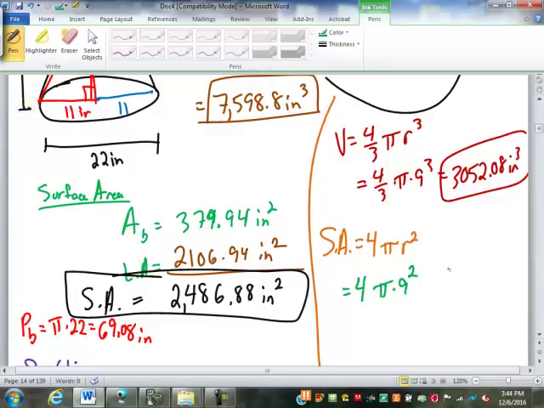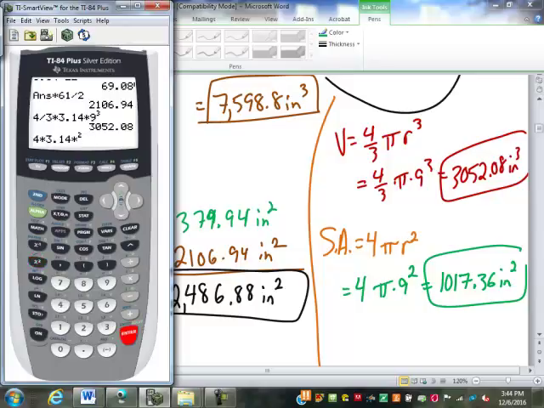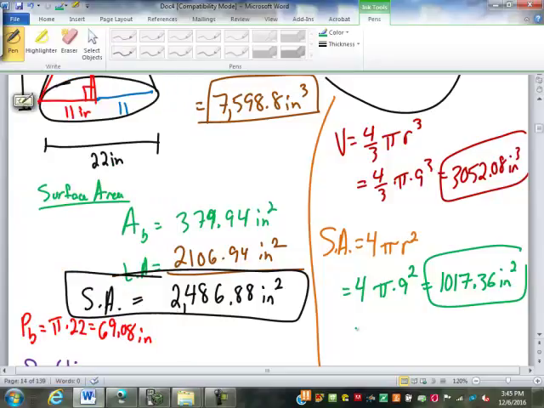So 4 times pi times 9 squared, which is what? 1,017.36. Does that look right? Close enough. Any questions?